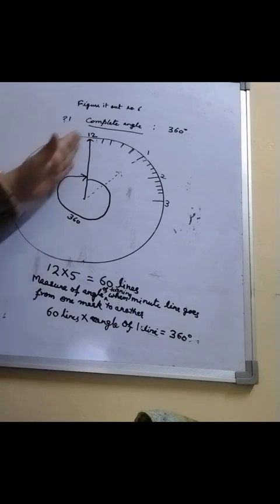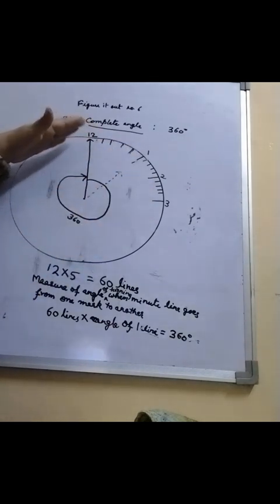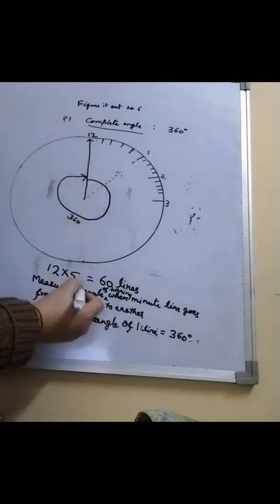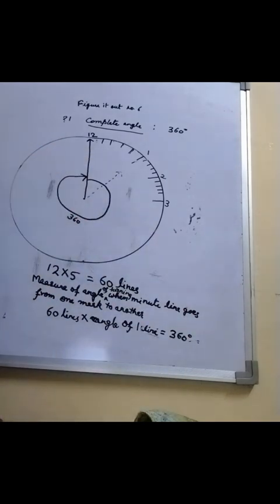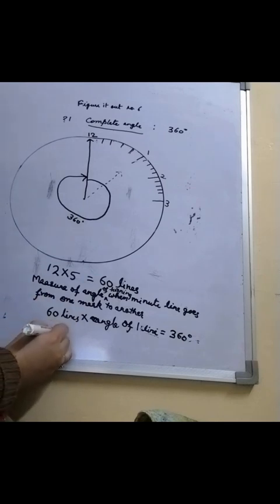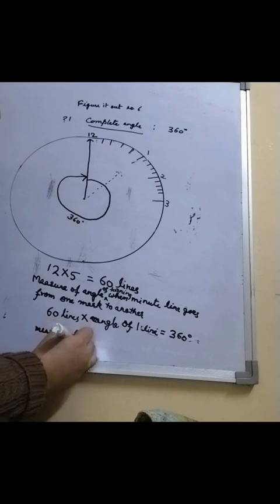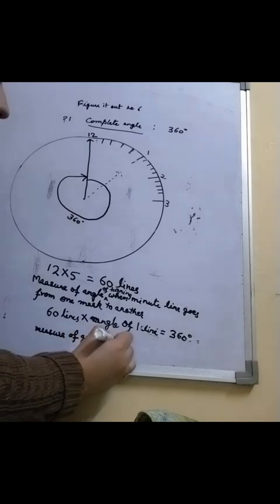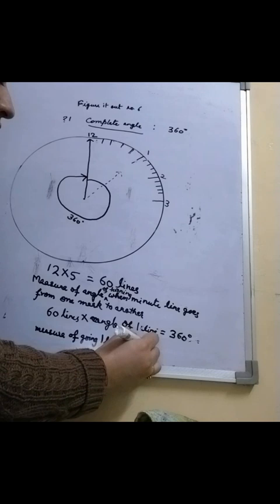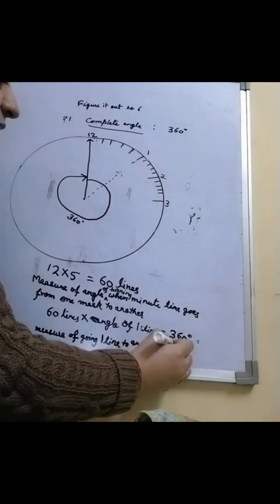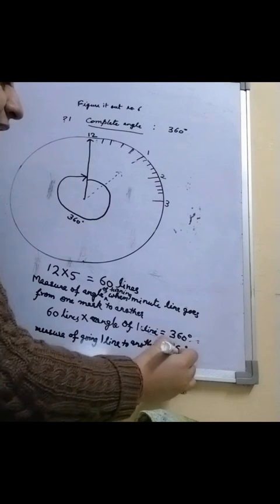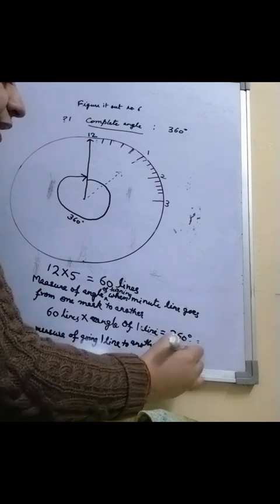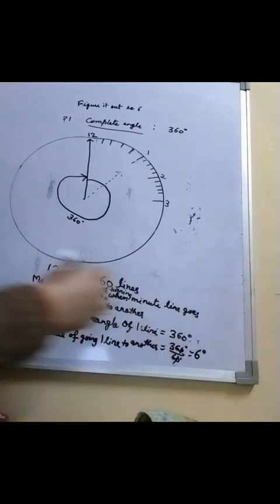Understand this: total lines are 60 and the total angle, the complete angle, is 360 degrees. So what is the measure of going from one line to another? This is 360 degrees divided by 60, and you get 6 degrees.